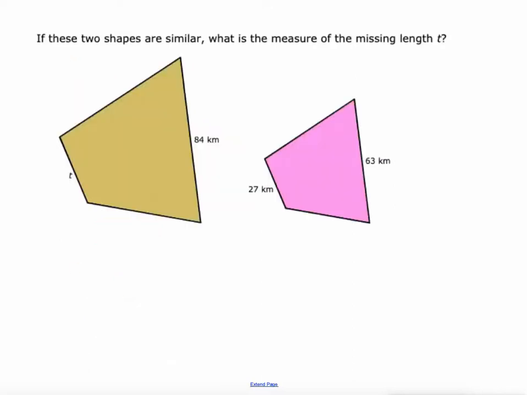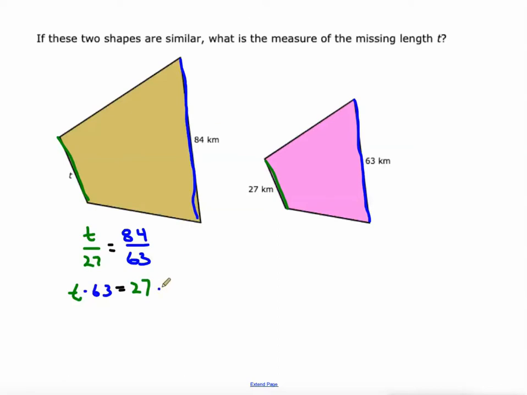Let's do this again. All right, I've got this side t, and it corresponds to this side 27. So t over 27 is equivalent to 84 over 63. All right, 84 over 63. So now I'll do cross products, and I'll say t times 63 equals 27 times 84.